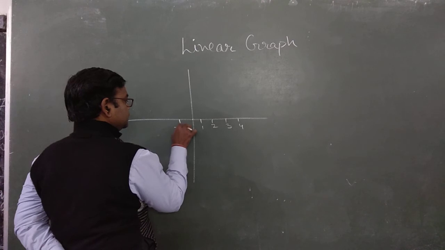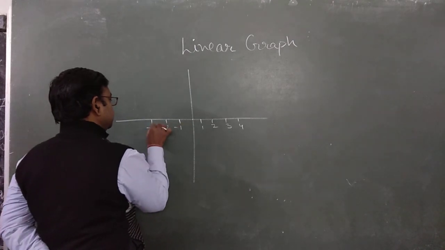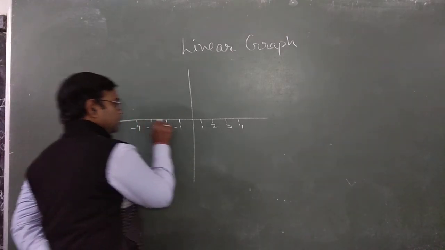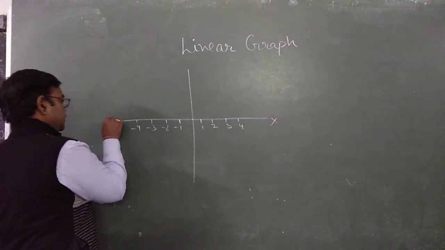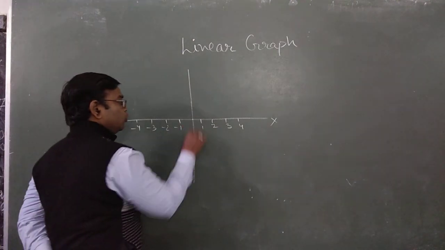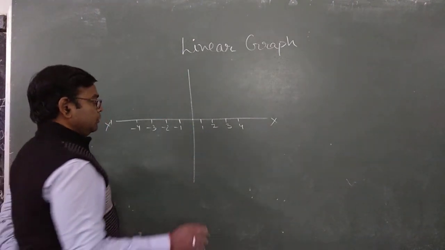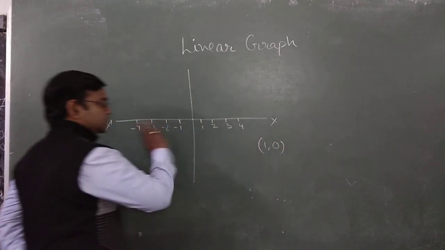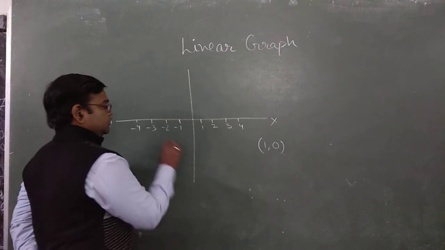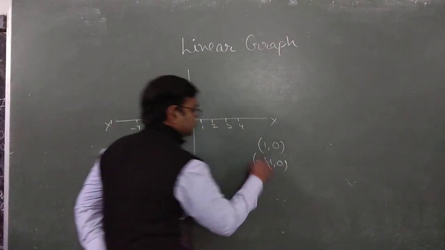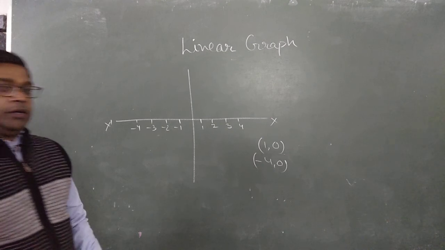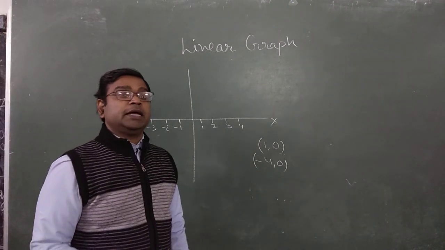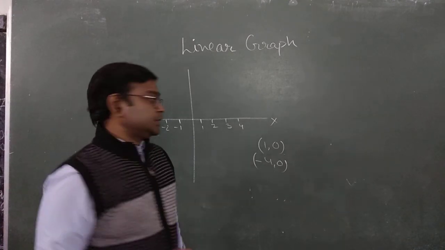We have equal distances -1, -2, -3, -4. The point which lies on the x-axis has y part 0. So (1, 0) lies on the x-axis, or (-4, 0). If any ordered pair has y part 0, that point must lie on the x-axis.